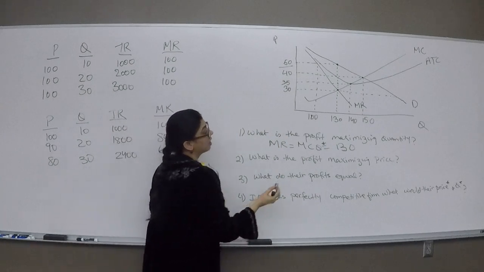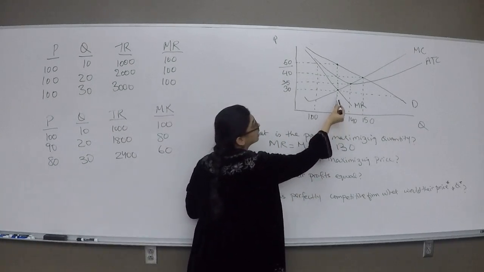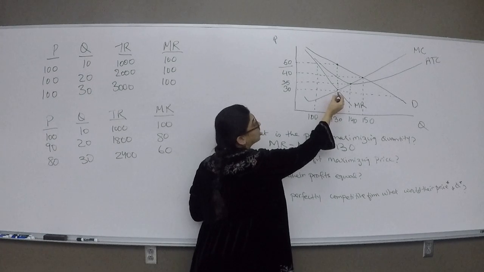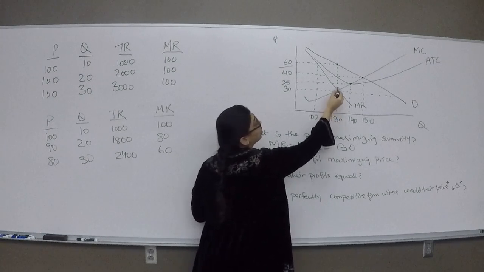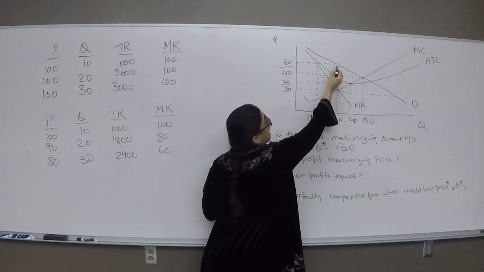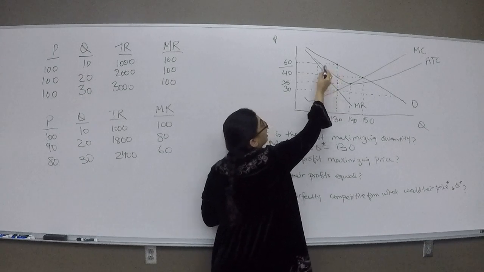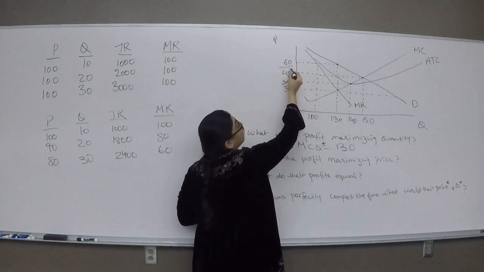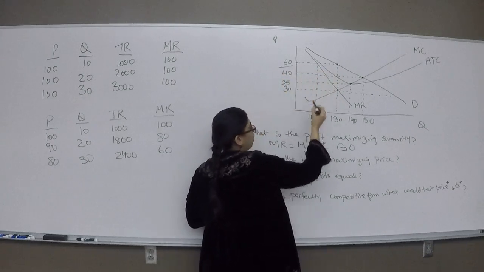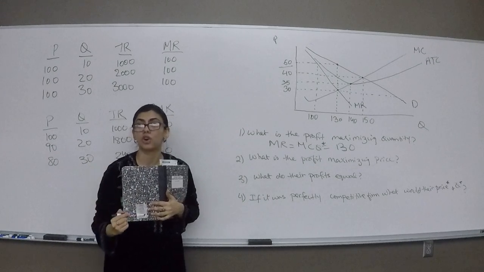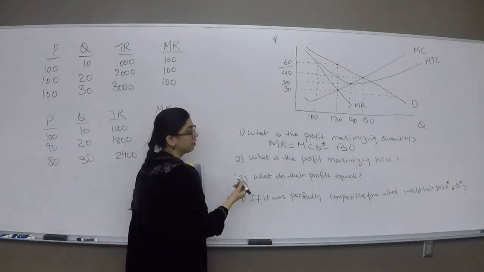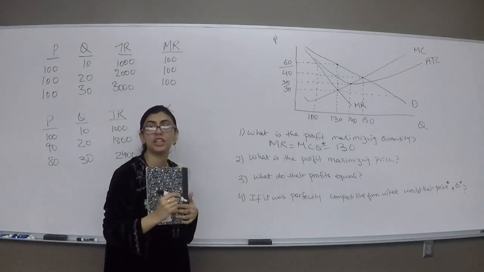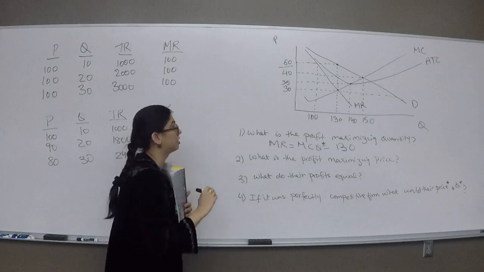So at the profit maximizing quantity, where MC equals MR, go straight up, stop at the demand curve, and go to the left, and that price, the highest price possible, would be the price they charge. So the profit maximizing price for monopoly is $50 in this case.